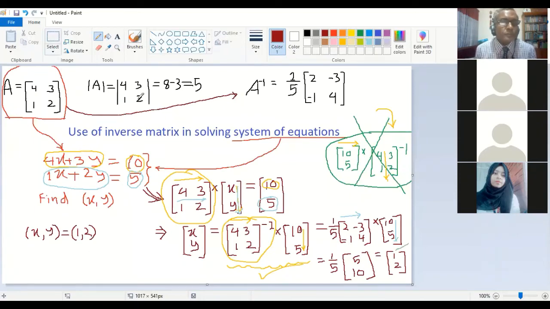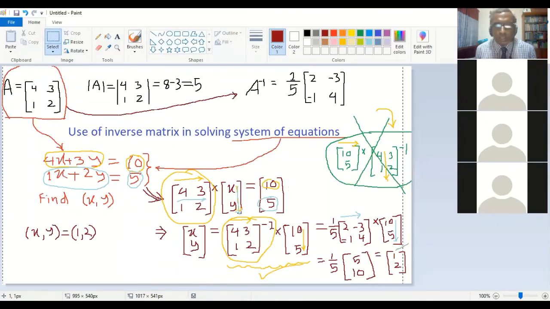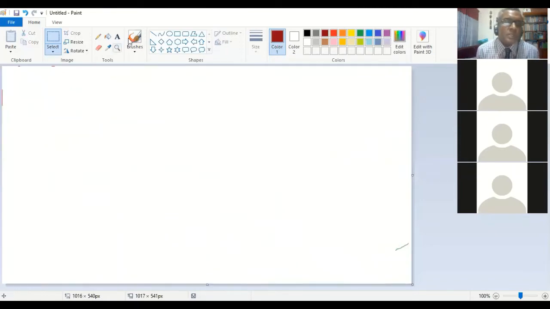Okay. Okay, sir. Okay, so let me just move to the next level, that is inverse, but it is big matrix. So now let me write down one matrix. It is, say, B, and it has 3 rows 3 columns.